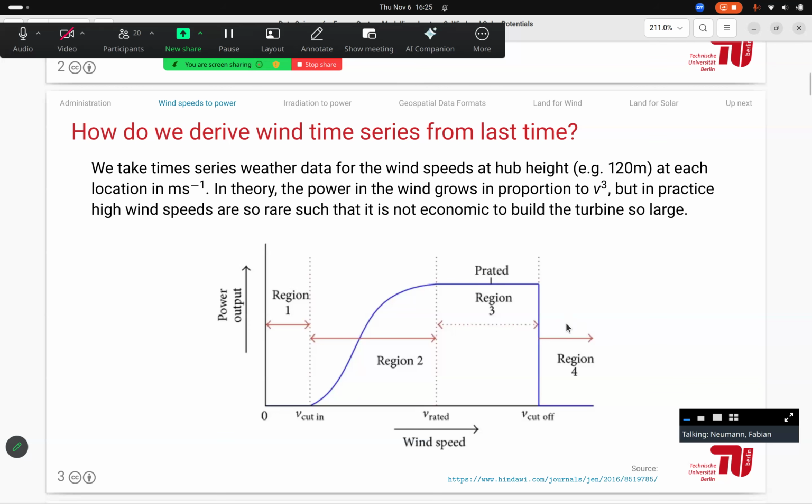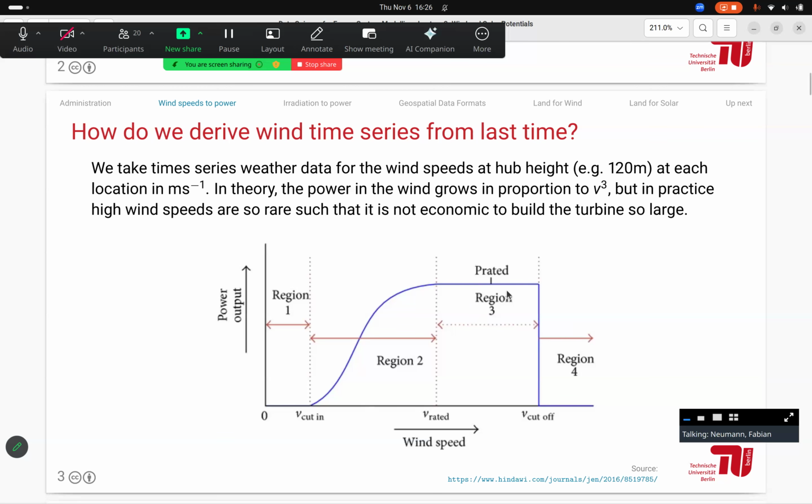In region 4, the wind turbine is not producing anymore. It's the so-called cut-off wind speed. It's where the wind speeds are too high, for example in a storm, for the wind turbine to operate safely. And what they do, for example, is turn out of the wind. Rather than the blades facing the wind, when it becomes too strong, they turn 90 degrees so that they are not that affected by the wind anymore and don't produce, because it wouldn't be safe for the wind turbine anymore.